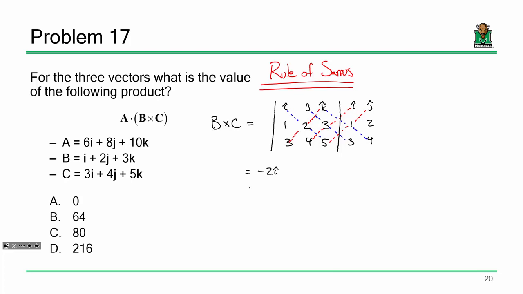For the j terms, what do we have? We've got 3 times 3 is 9, right there. 1 times 5 is 5. 9 minus 5 is 4. Y'all see that? Tell me what the k term is going to be.